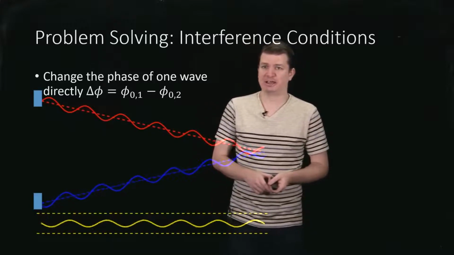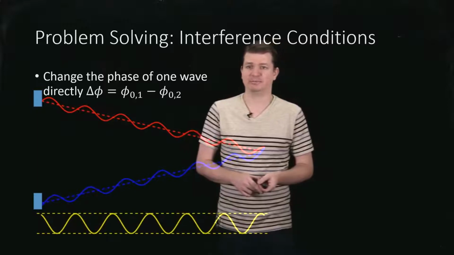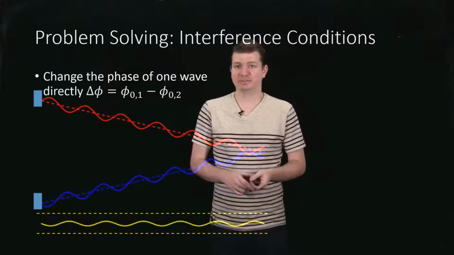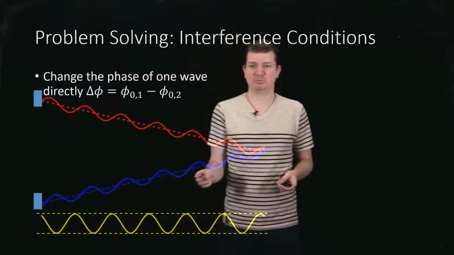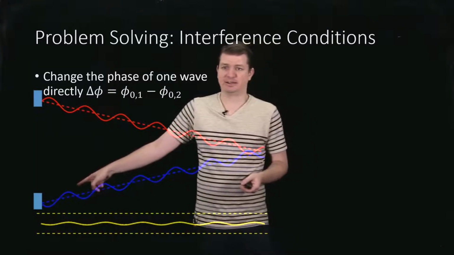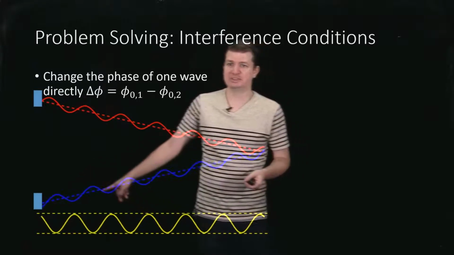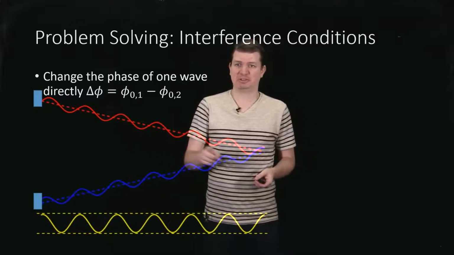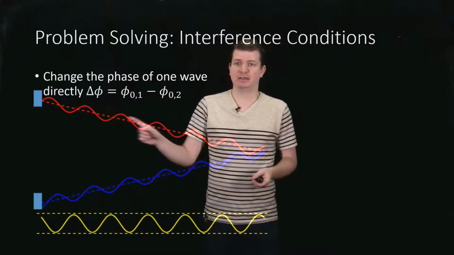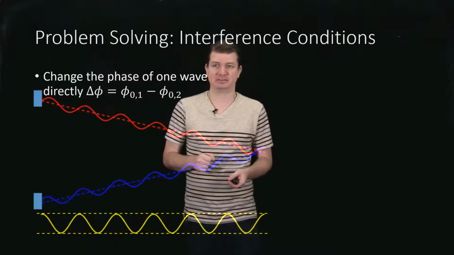So how do we actually change the phase of one wave compared to the other? Well, one obvious way is to directly change the phase of one of these waves. If I start playing around with the phase that I am emitting at, my phi naught, my phase constant for this second wave, then, assuming I've kept all the wavelengths and everything else the same, my entire phase difference is just due to the difference in those initial phase constants.